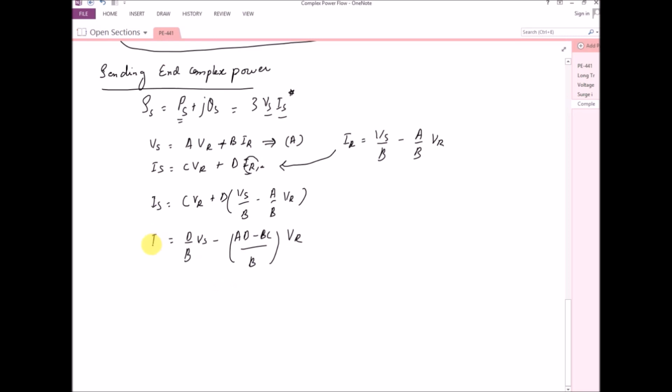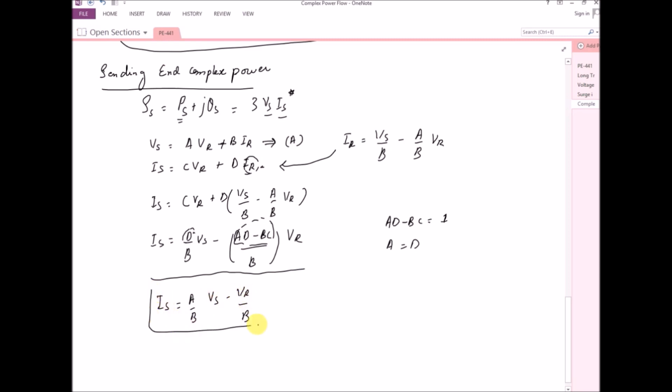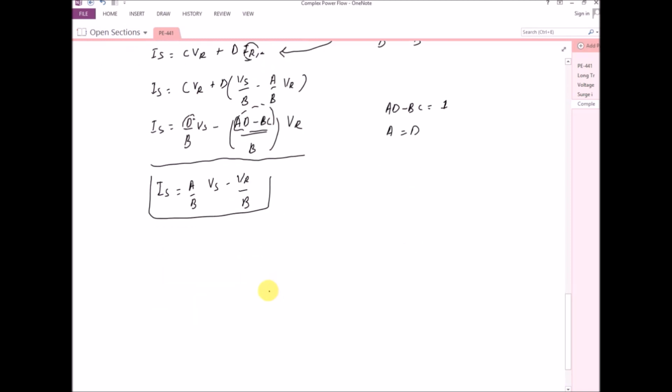So now if you remember the properties of the ABCD constants, we know that AD minus BC is equal to 1 and A is equal to D. So this can be replaced by 1 and this is replaced by A. So Is will become A over B Vs minus VR over B. So this is your sending end current.